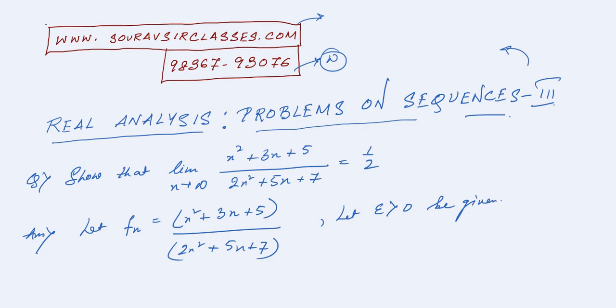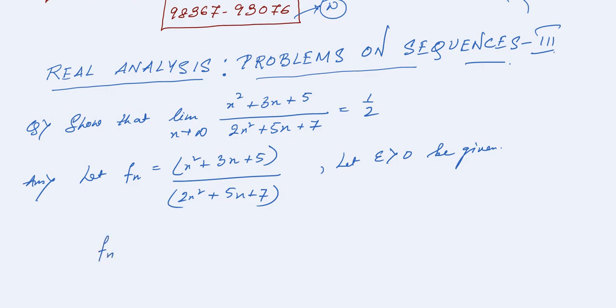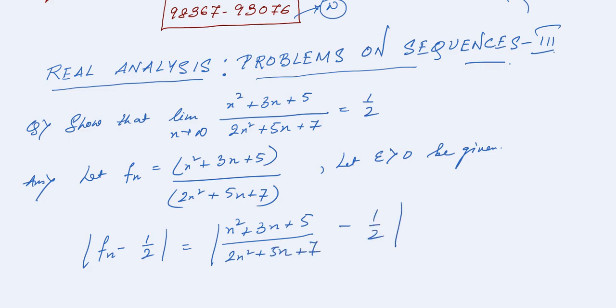Alright, so we can write f_n minus half is equal to (n squared plus 3n plus 5) by (2n squared plus 5n plus 7) minus half, is equal to (n plus 3) by 2 into (2n squared plus 5n plus 7), and this is actually less than n plus 3.